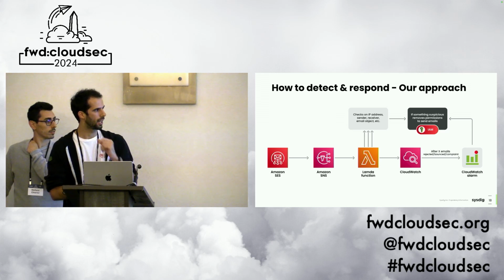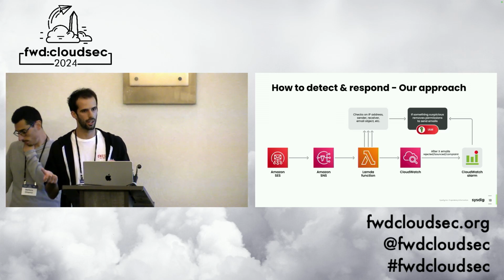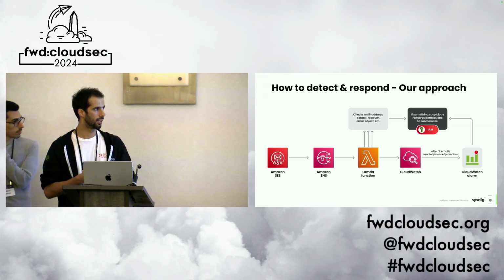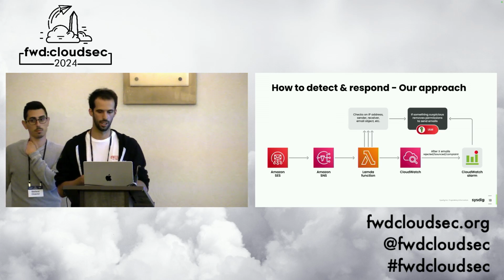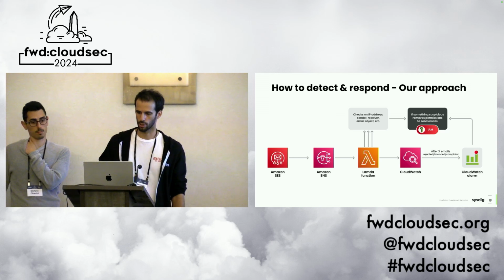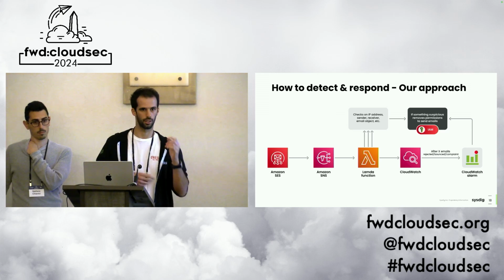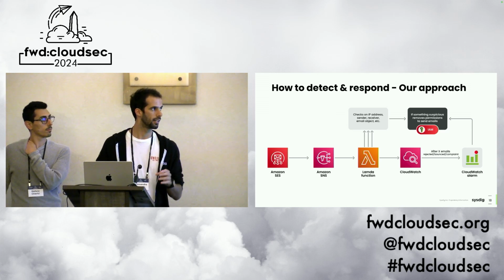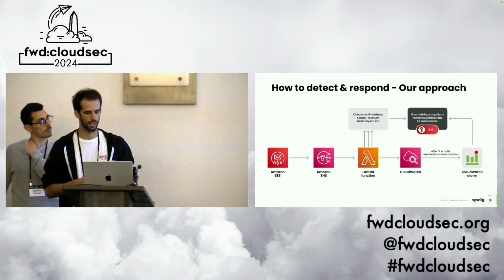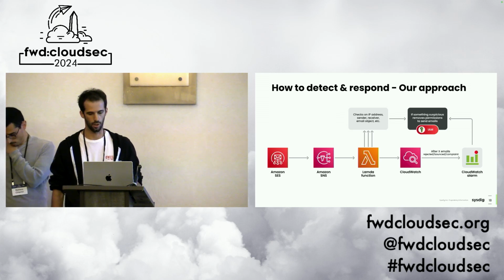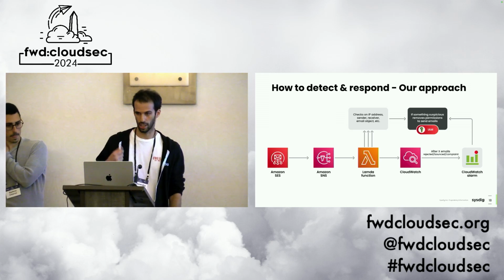Each SNS notification triggers a Lambda function which can do any kind of custom checks on the emails. For example, we can do custom checks on the IP addresses in order to implement a whitelist and say, okay, if the IP address doesn't belong to this whitelist, mark it as suspicious. Or we can apply a whitelist on the sender, on the receiver, and so on. And we can make the Lambda act accordingly.